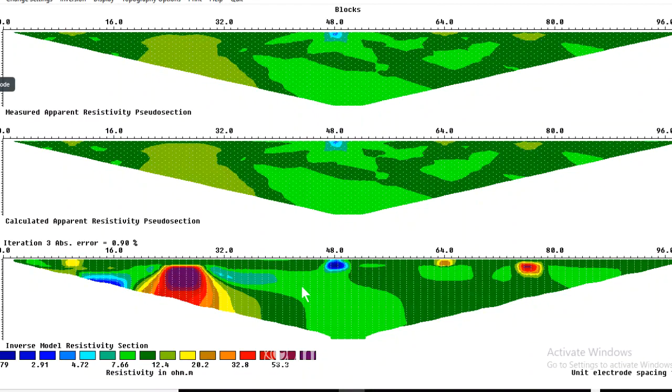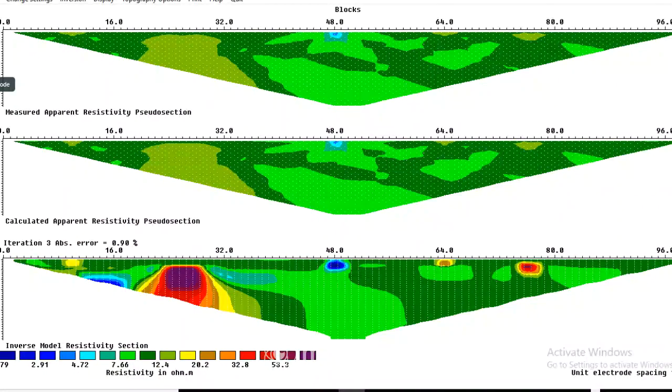If you look at the pseudo section, the maximum has no red color, but there is red color in the true resistivity. So the apparent resistivity value is very low, below 13, whereas the true resistivity can have a value greater than 50.